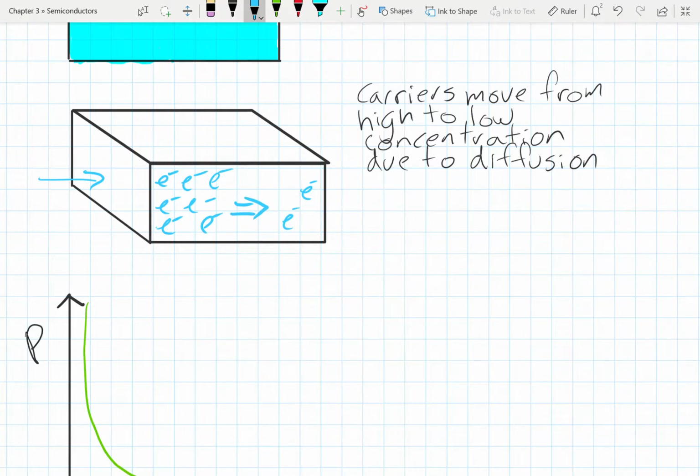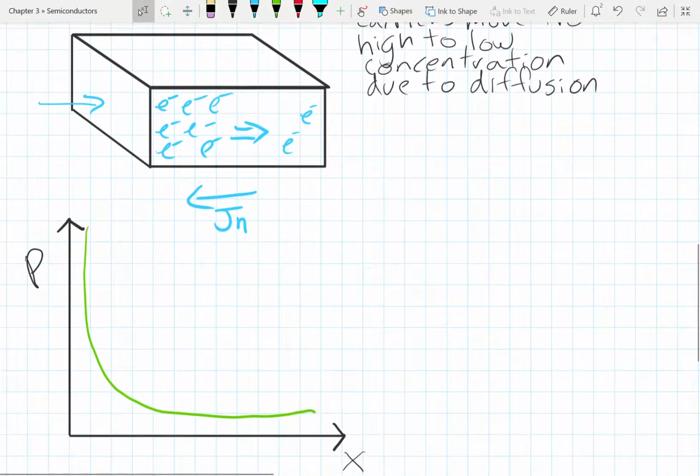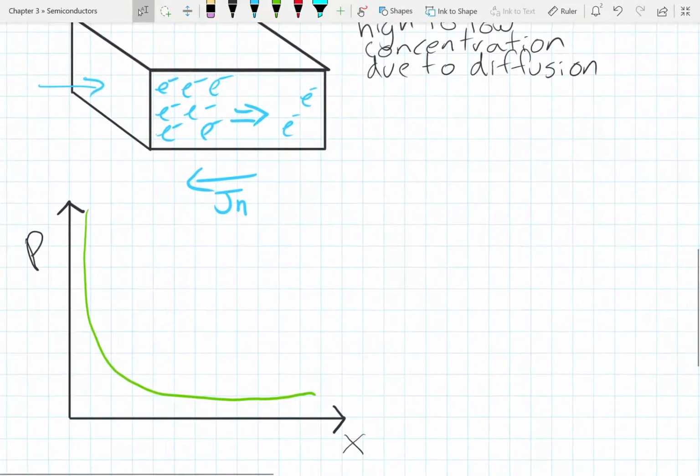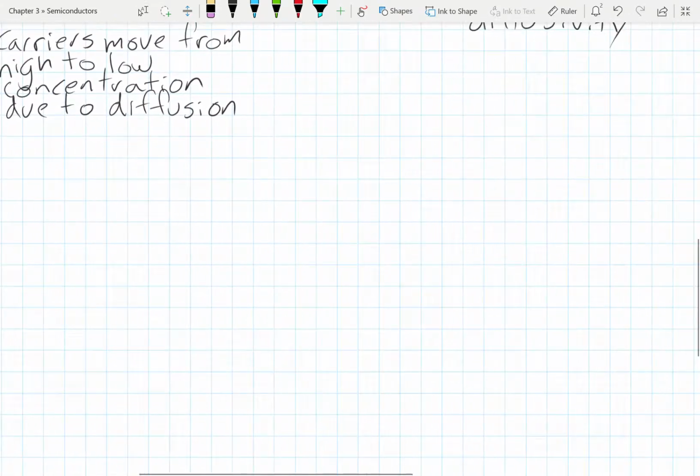But we know that by convention, the current is expressed in the opposite direction to the electron flow. So your current, Jn, will go from right to left. We can express that on this same graph, but let's first go to the equation.